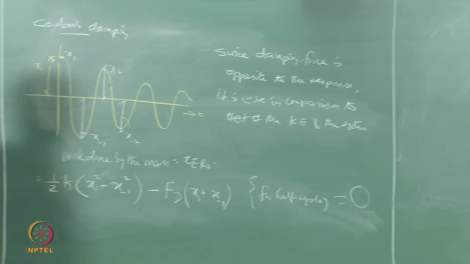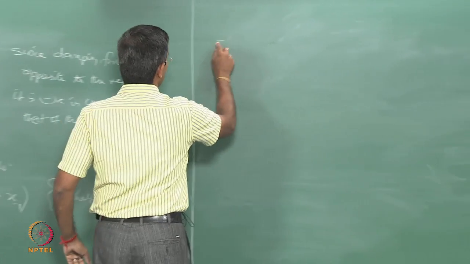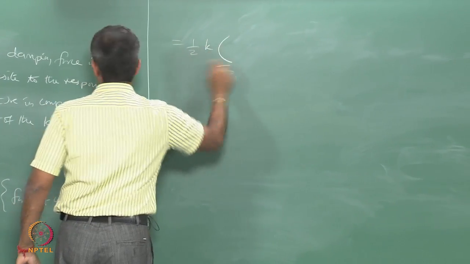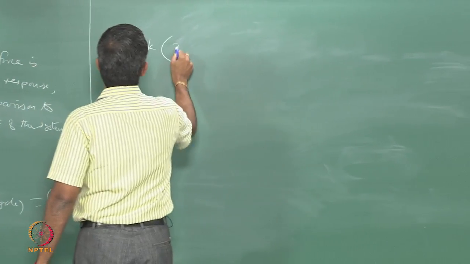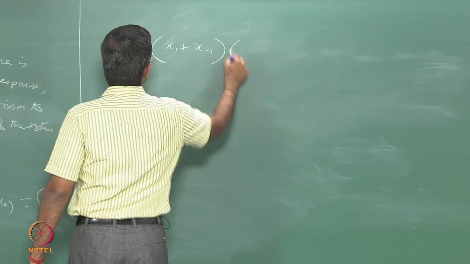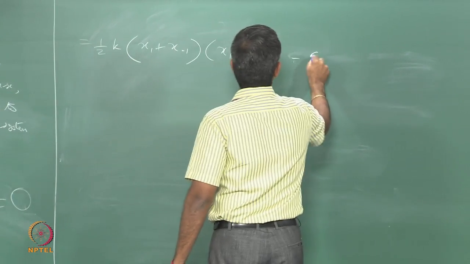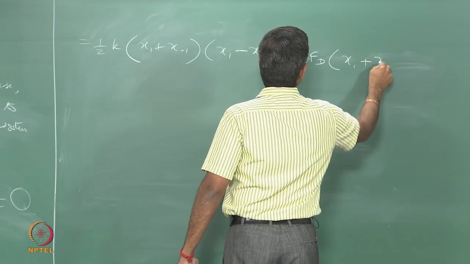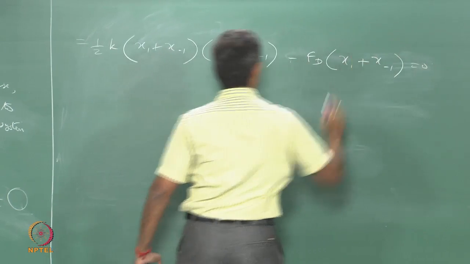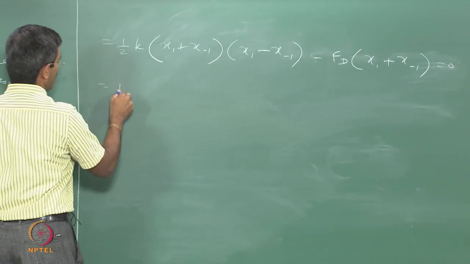Now, we simplify this, which is given as half k, which will become half.